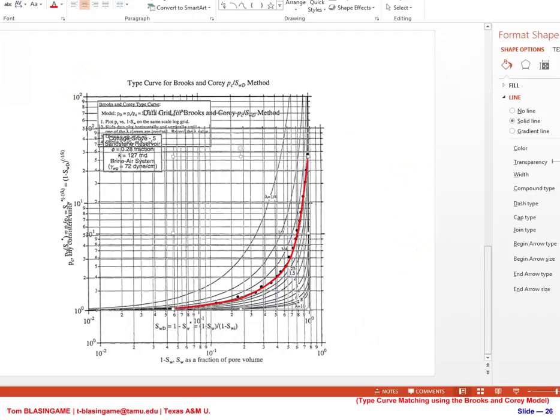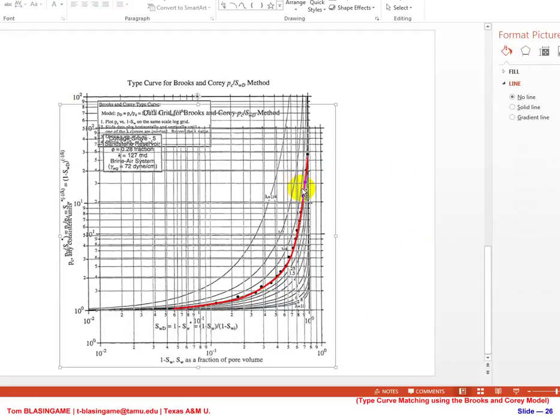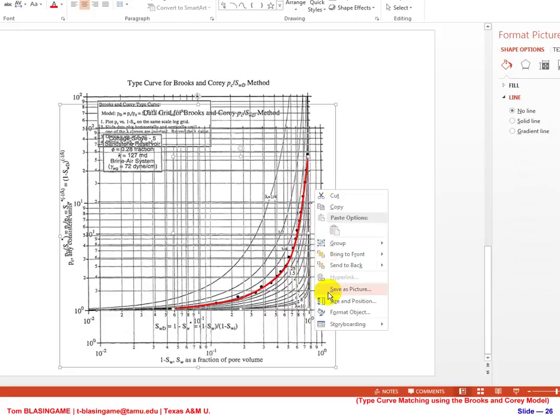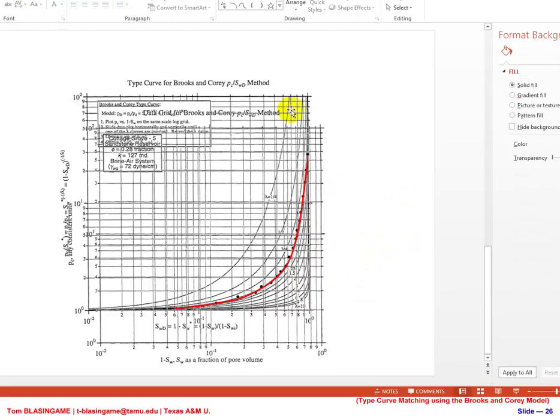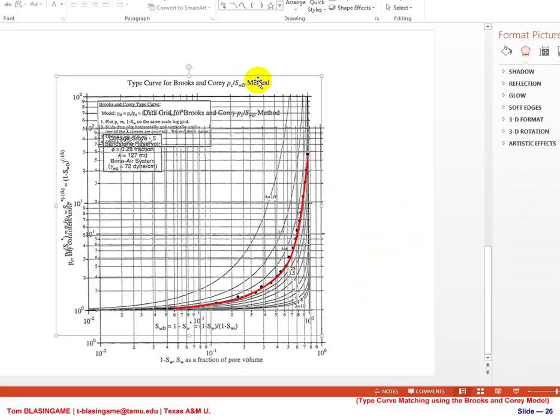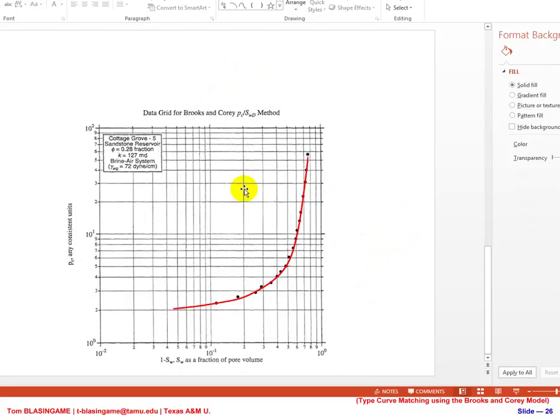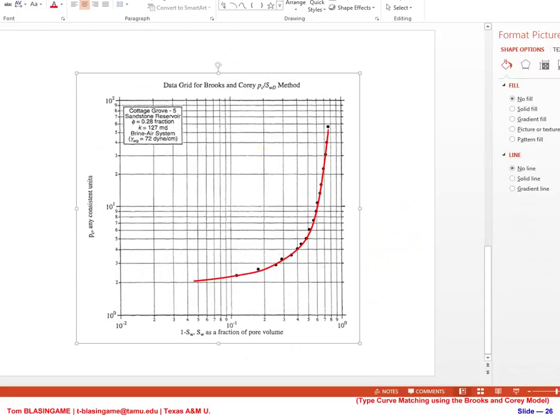Red. Red's good. So there's my fit of the data. Not bad, huh? That's how you would work a type curve.